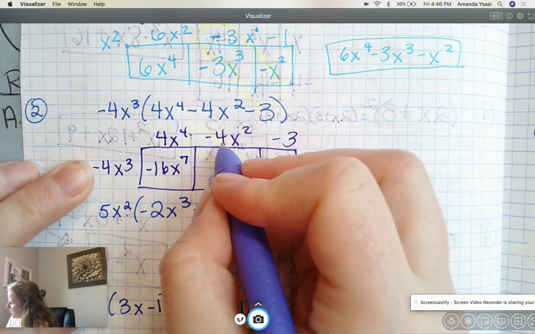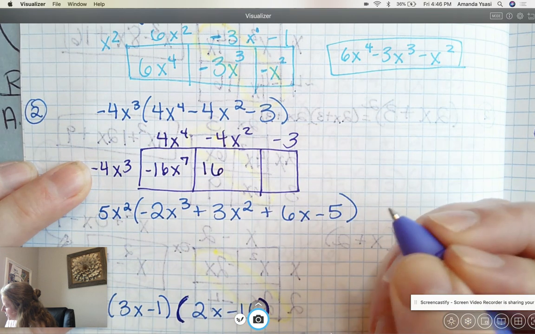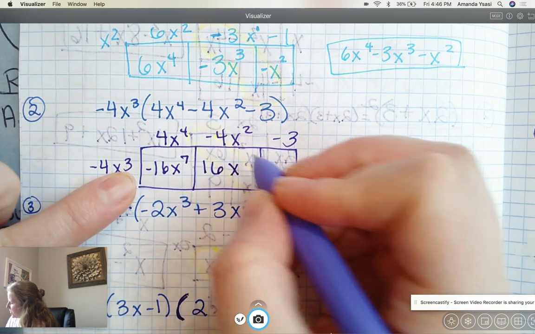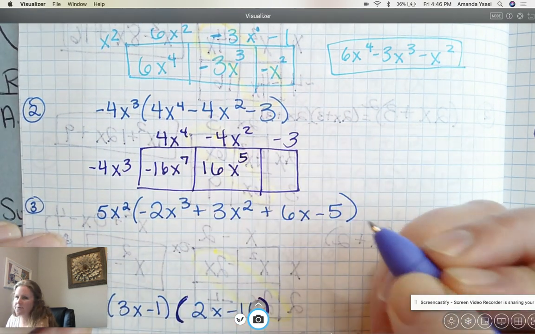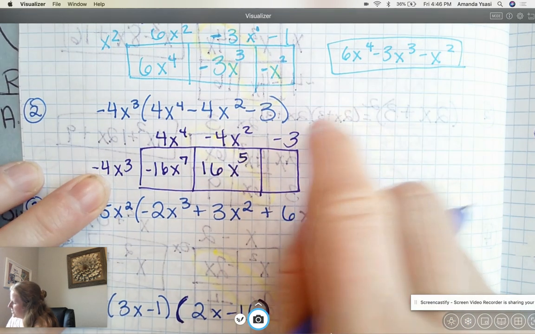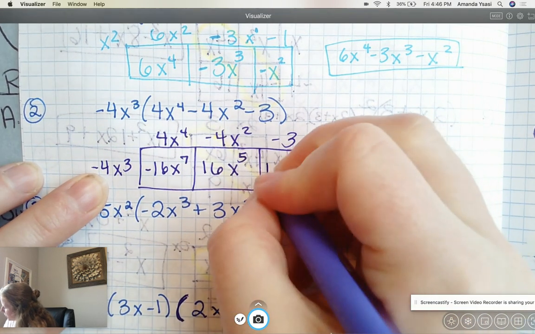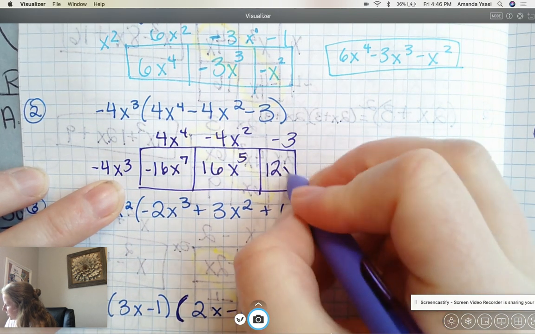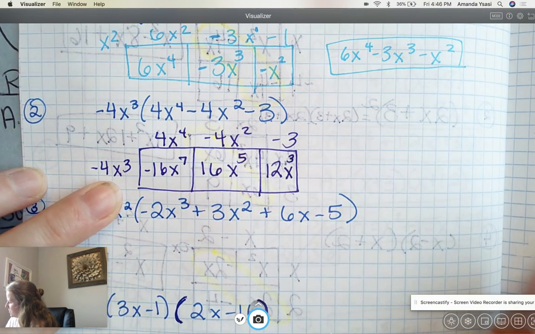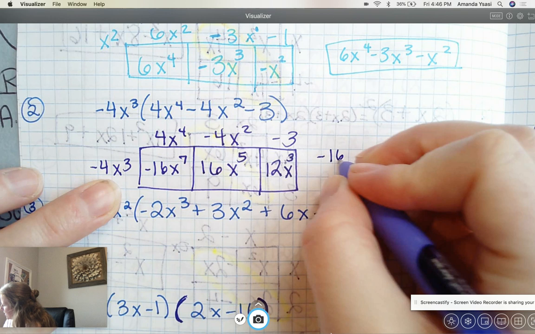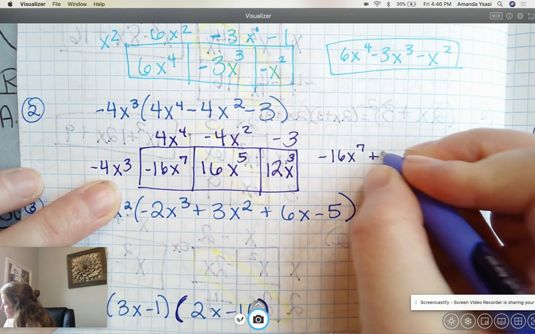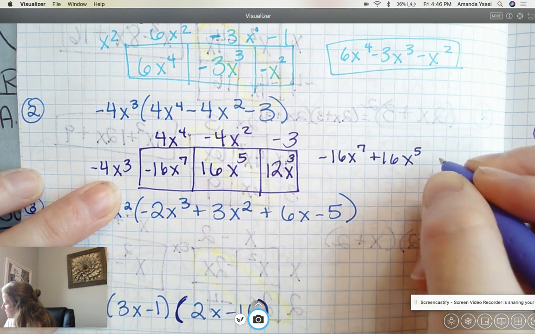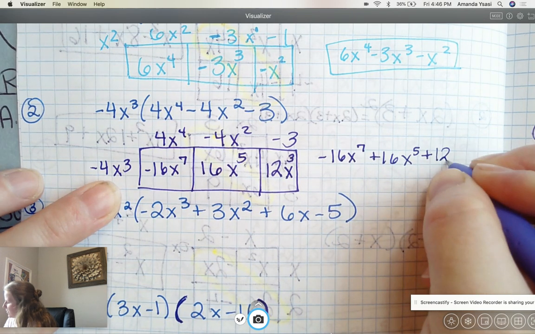Negative 4 times negative 4 is positive 16. And then we add our exponents, a 3 and a 2, making that 5. Then negative 4 times negative 3 is a positive 12. And then we just keep our same variable and exponent. So that gives us negative 16x to the 7 plus 16x to the 5 plus 12x to the 3.